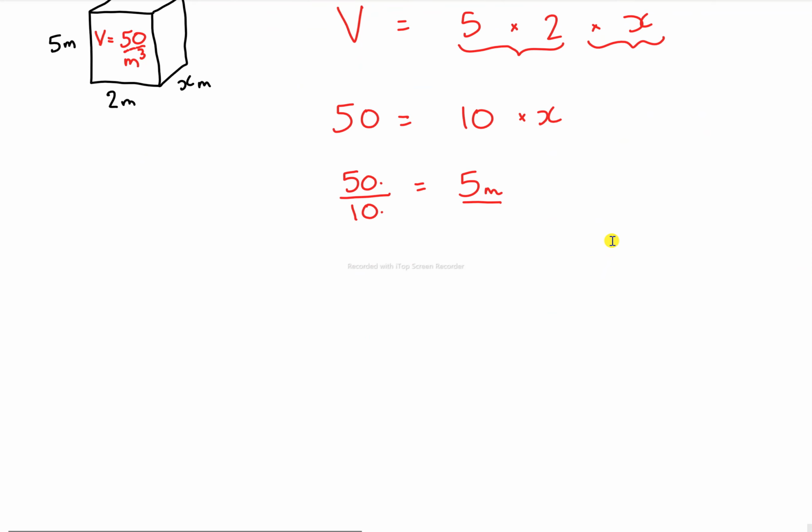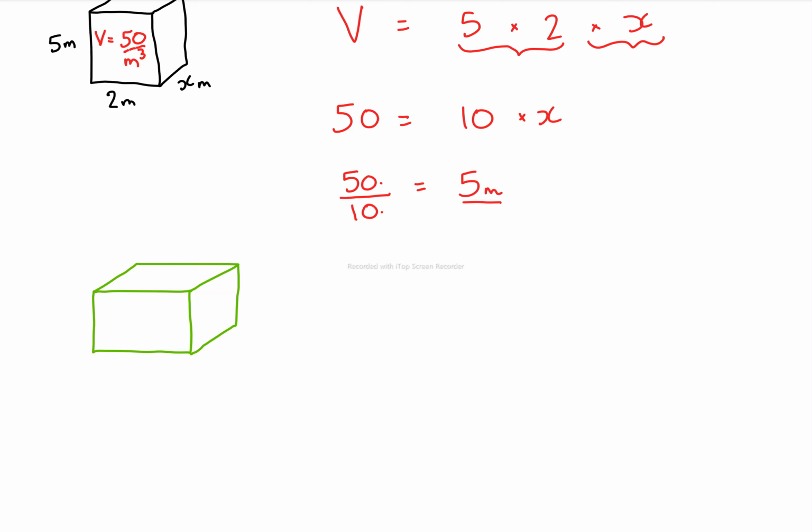Right. See if you can do this one here. Let's change colors so then you don't get confused. You do this one. Because all you're doing is rearranging a formula.